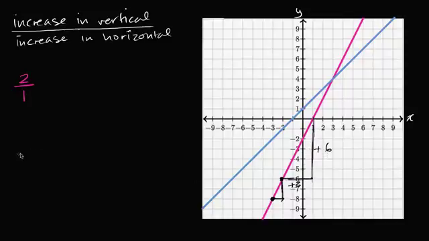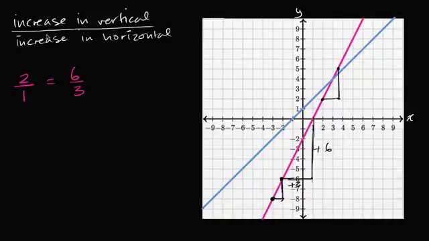When I increase by 3 in the horizontal direction, I increase by 6 in the vertical. We're just measuring how much we increase in vertical for a given increase in horizontal. Well, 2 over 1 is just 2, and that's the same thing as 6 over 3. So no matter where I start on this line, if I increase in the horizontal direction by a given amount, I'm going to increase twice as much in the vertical direction.